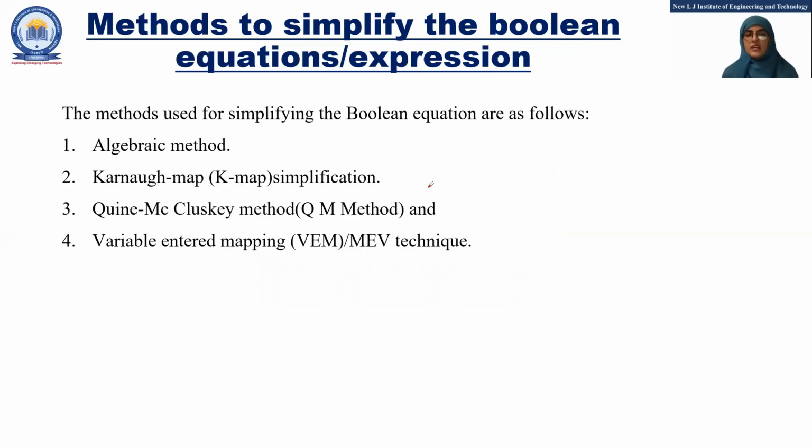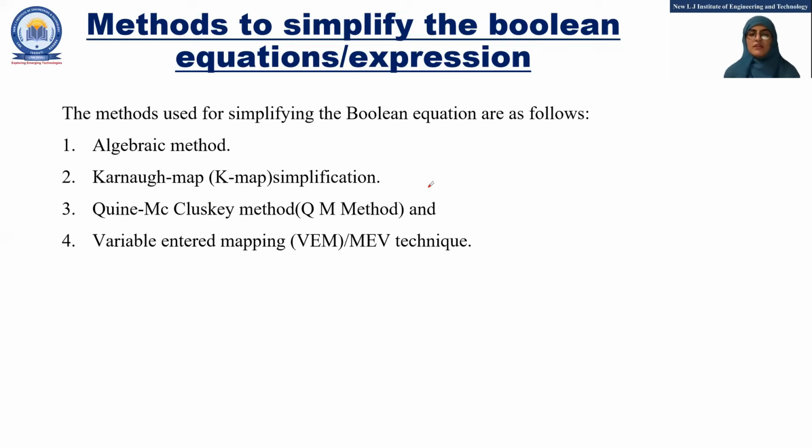Next topic is methods to simplify Boolean equations or expressions. To solve a Boolean expression, we have 4 methods. First is the algebraic method. Second is the Karnaugh map method, which is K-map simplification. Third is the Quine-McCluskey method, which is the QM method. And fourth is variable entered mapping, which is the VEM or MEV technique.